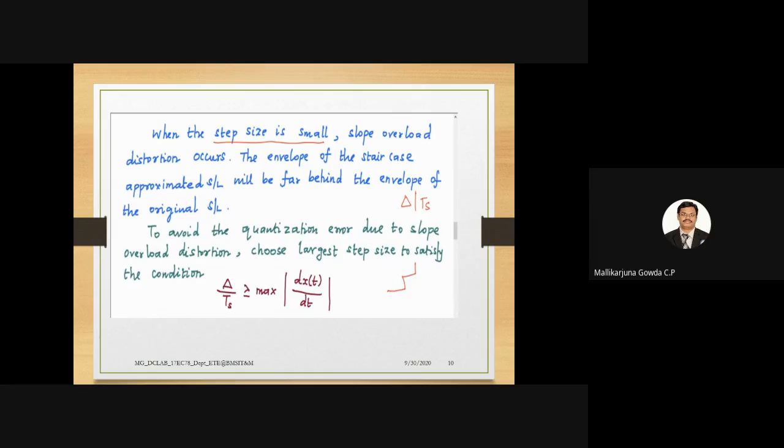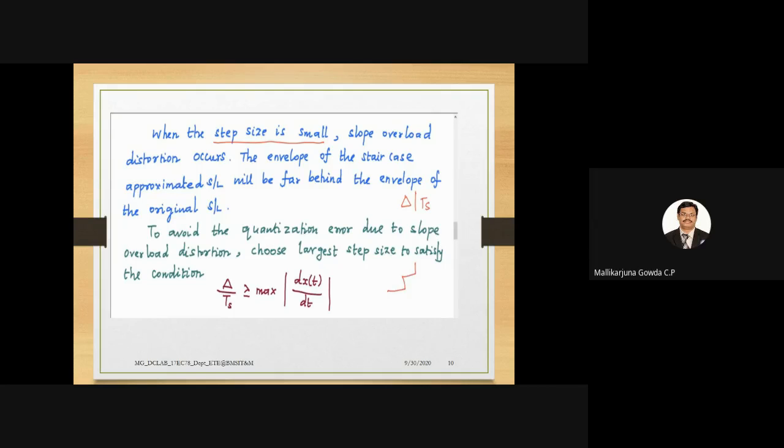So when the step size is small, the slope overload distortion occurs. See, the envelope of the staircase approximated signal will be far behind the envelope of the original signal, right?